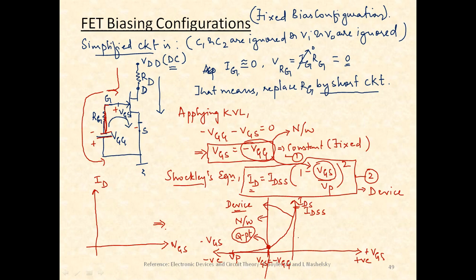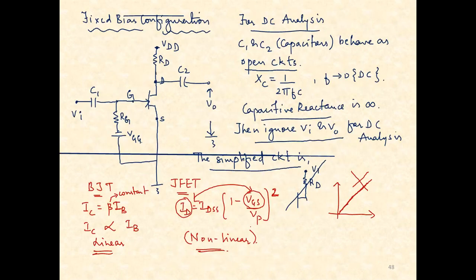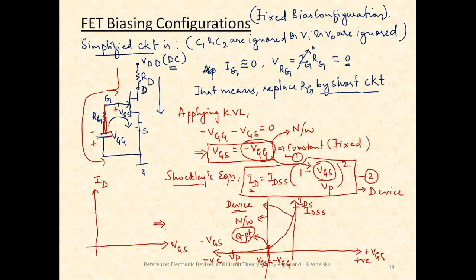I hope the things are clear to you now. What did we do from the start? I'll go back and summarize. We started off with the first biasing configuration, which is the fixed bias configuration. For DC analysis, we usually assume that the coupling capacitors behave as open circuits, so that we can ignore the effect of input as well as output, and the circuit gets simplified. That was the simplified circuit which had the resistance RG here.